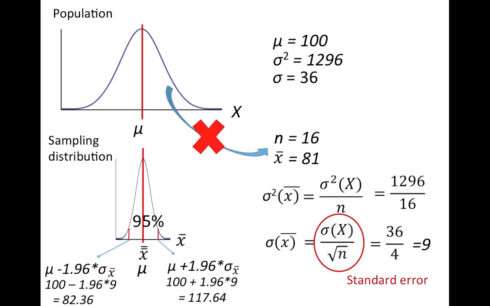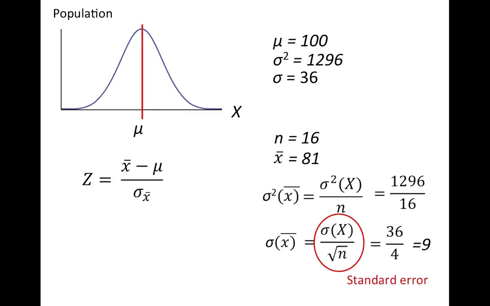You can come to the same conclusion by skipping over this underlying theory of the sampling distribution. And this is how it's done in the book. In the book, you simply calculate a z variable, putting in your values for the sample mean, the population mean divided by the standard error or the standard deviation of the sampling distribution.